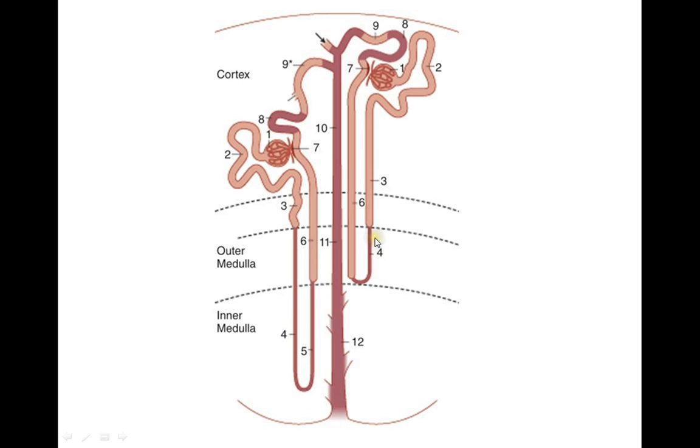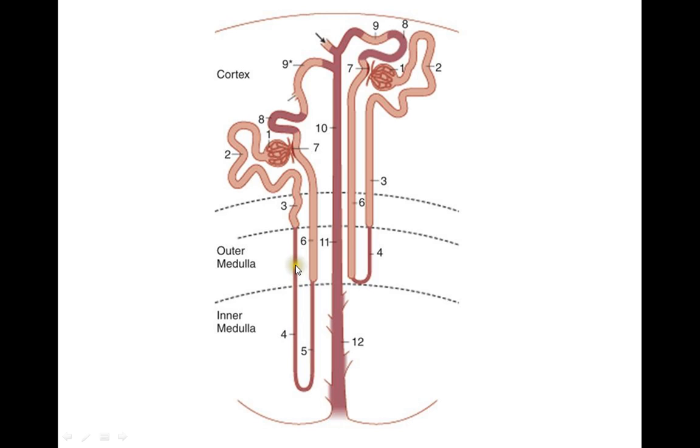This part is called thin descending limb. Thin because it is thin, and descending because it descends from outer medulla into the inner parts.